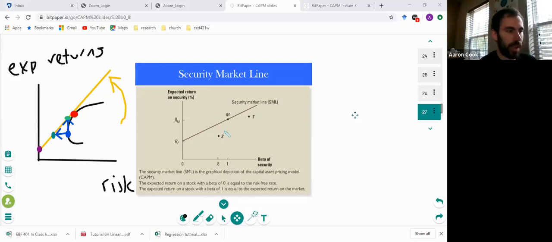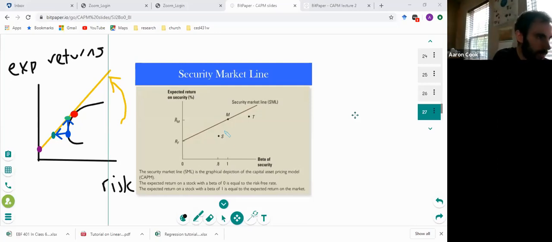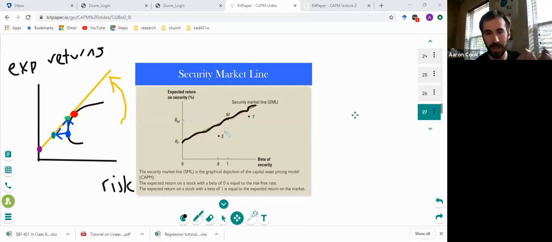So in the same way, if you combine any risk-free rate with the market portfolio, you can achieve anything along that security market line just by combining a balanced market portfolio with the risk-free rate.